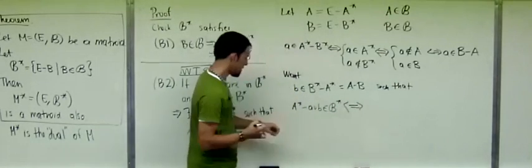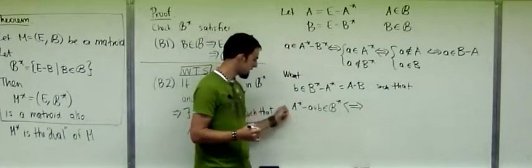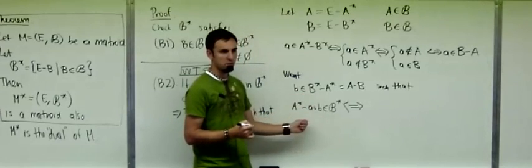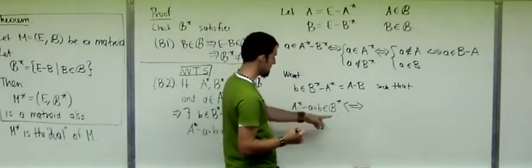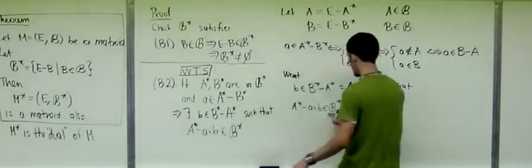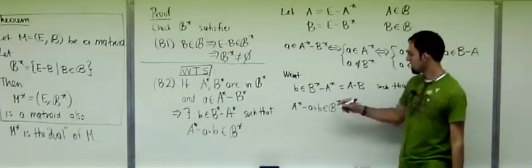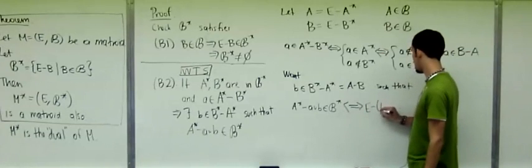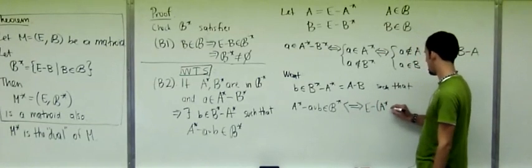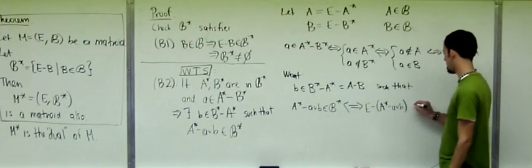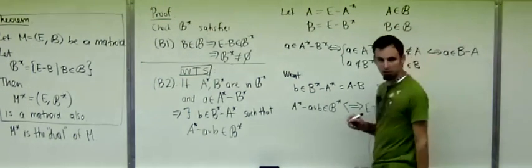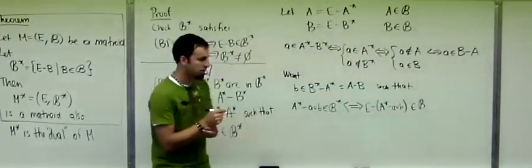Okay. But what does it mean for this guy to be in B star? It means that its complement is in B. It's the definition of B star. So this guy is in B star if and only if the complement E minus A star minus A union B is in B. It's just by definition, right?